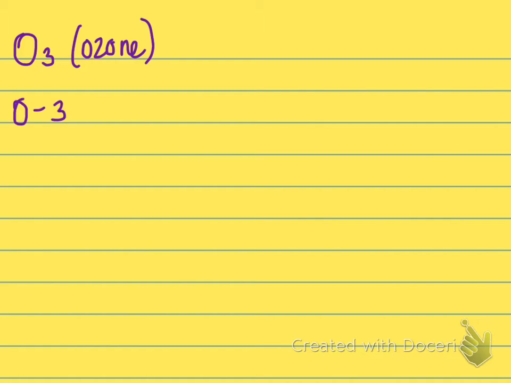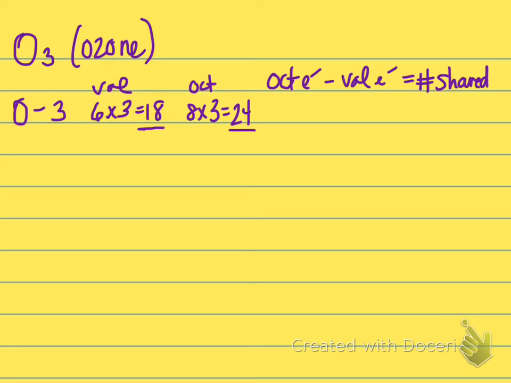We're going to start as we always do by listing the type and number of atoms, pretty easy in this case, and figuring out how many valence electrons each of them bring to the party. We'll then figure out how many electrons they would need to be satisfied, their octet numbers, and when we subtract valence from octet, we get the number they're sharing.